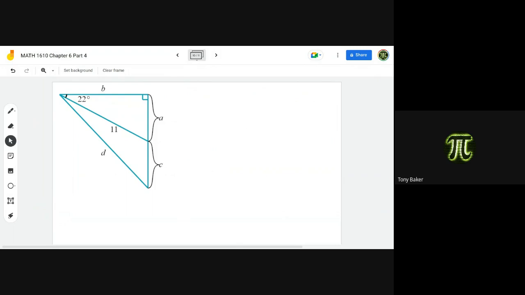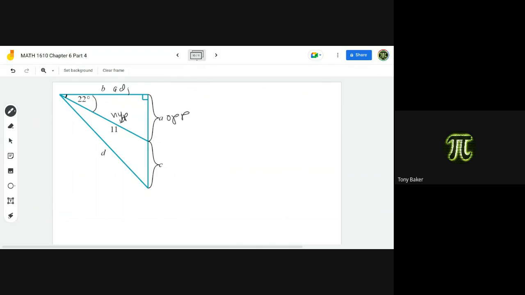Which one do you want to find first? A. All right. So we're standing here, right? So A is my opposite, B is adjacent, and 11 is my hypotenuse.